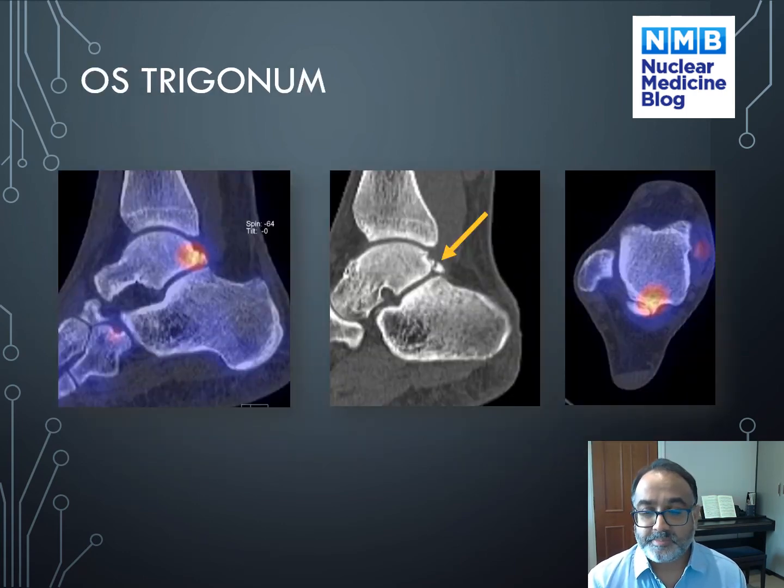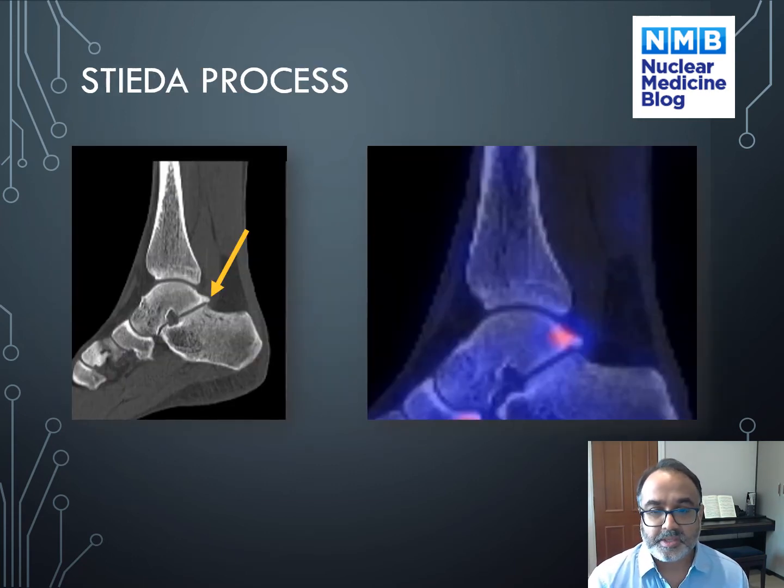I'm going to talk a little bit more about impingement syndromes. This is a case of posterior impingement, and it's due to an accessory os trigonum. So in this case, there's an accessory ossicle sitting adjacent to the posterior aspect of the talus. This is another cause of posterior ankle impingement, but in this case, instead of there being a separate accessory ossicle, there is a Stieda process, which is an outgrowth of the bone.